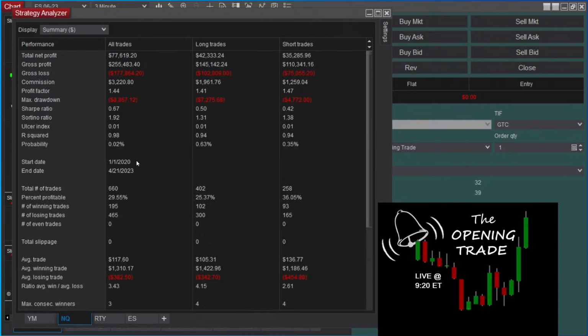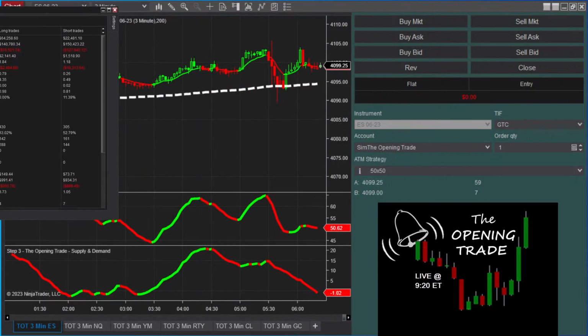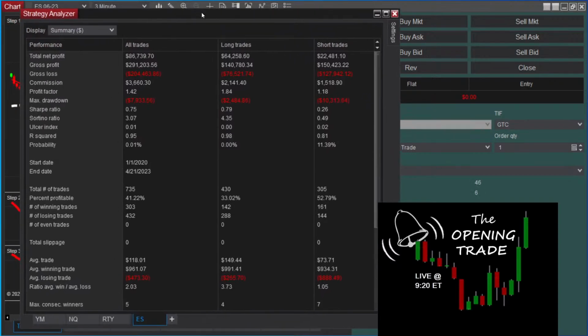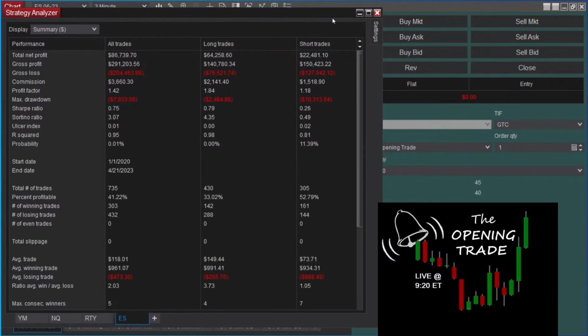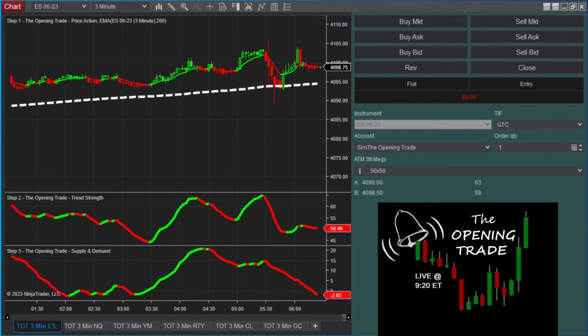So here we have the start and end date, the max drawdown, the gross loss, and the total net profit. And then S&P 500 start, max drawdown, gross loss, total net profit. So that's one of the things about NinjaTrader that's awesome, that they have the availability there for you to do.